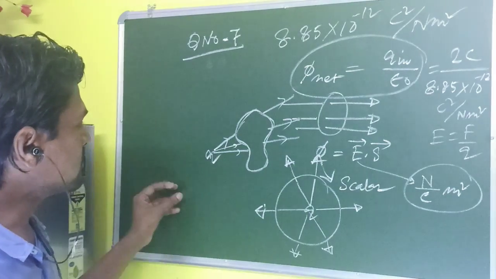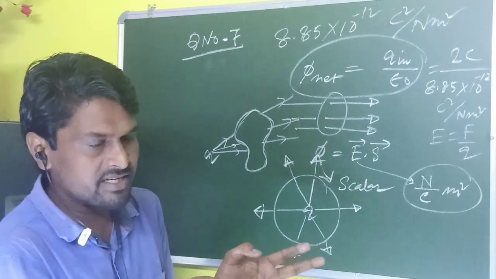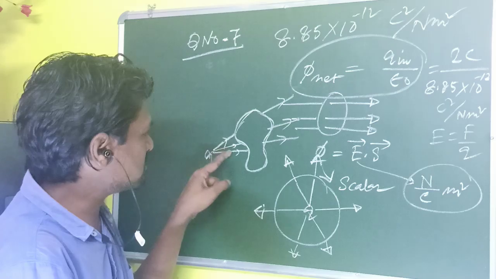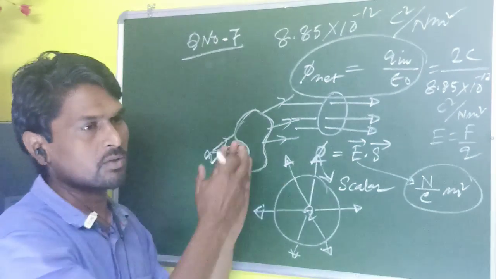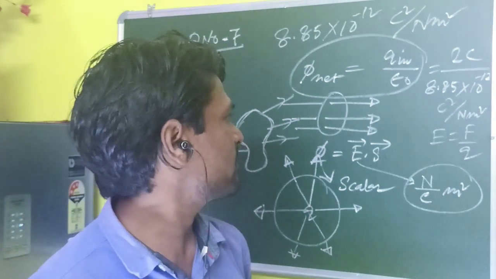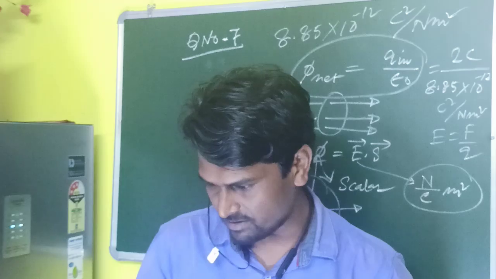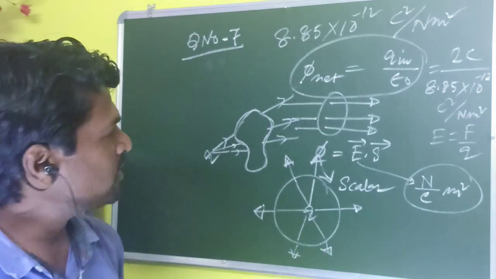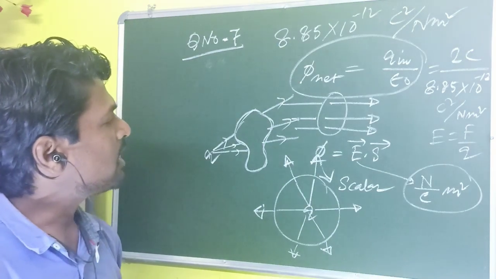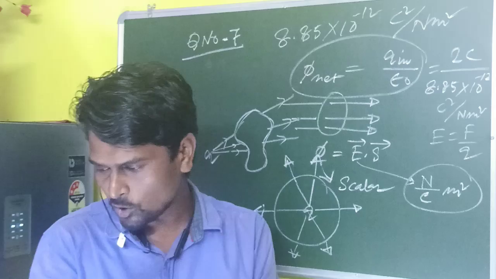That means the field lines entering the surface equal the outgoing flux. So for question number 7, you have to know the charge enclosed within the surface.